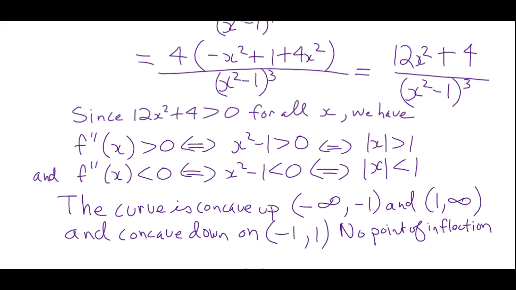Since no point of inflection, since 1 and negative 1 are not part of the domain. Okay, curve's not defined there, not part of the domain. Otherwise, you say, hey, you're changing from concave up to concave down. There should be a point of inflection at negative 1, but negative 1 is not part of the domain, right? So there is no point of inflection.